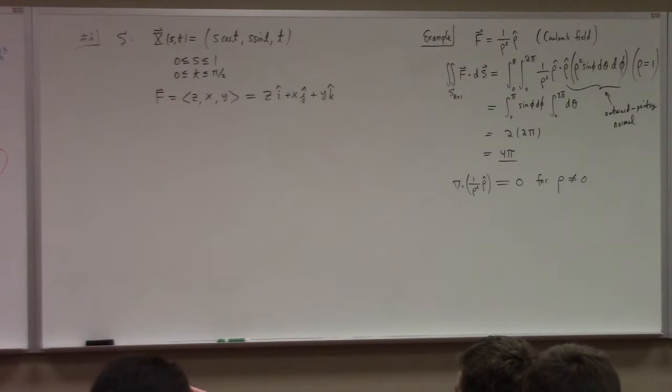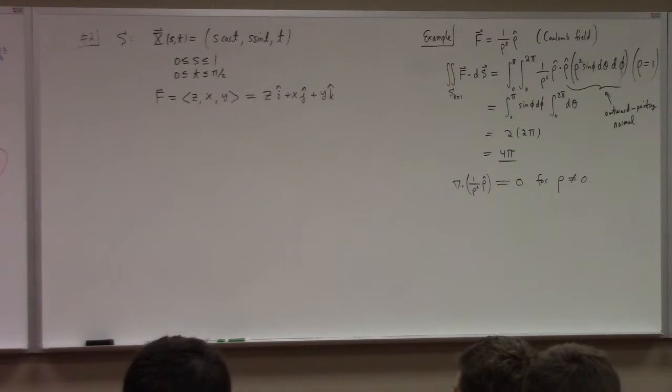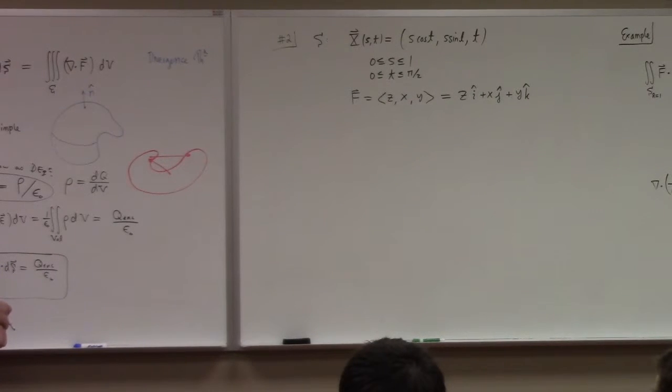I guess first we need to understand what this surface is. What is this surface? It's a cylinder. x squared plus y squared is equal to s squared. Is s squared equal to t squared? It's a helix.